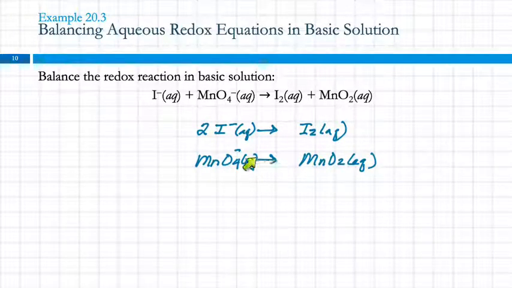Here I have 2 oxygens, and here I have 4 oxygens. I need more oxygen on this side, and I balance oxygens by adding water because I told you to do that. And it should make sense because this is happening in water, right? I need 2 of the water molecules so that I can get the correct number of oxygen atoms on my product side.